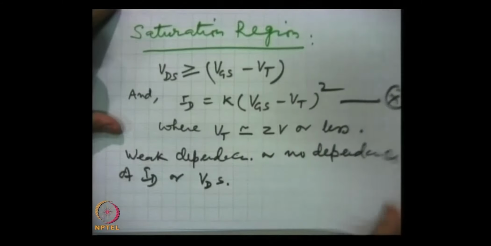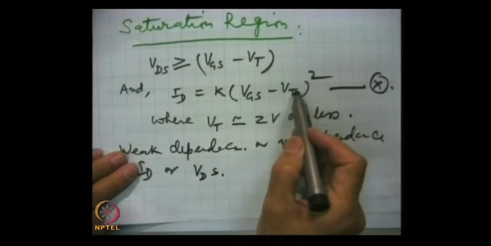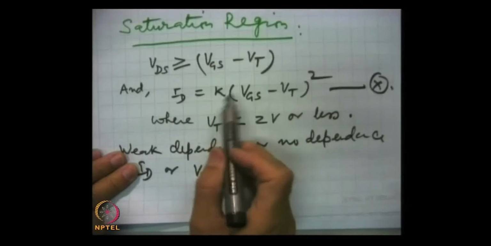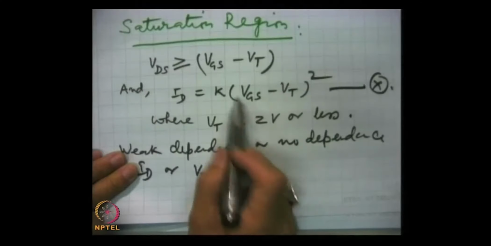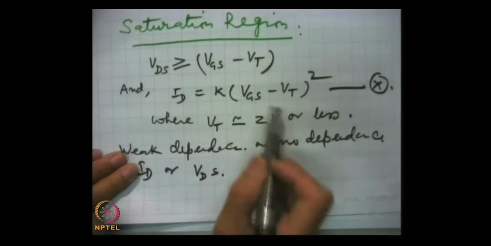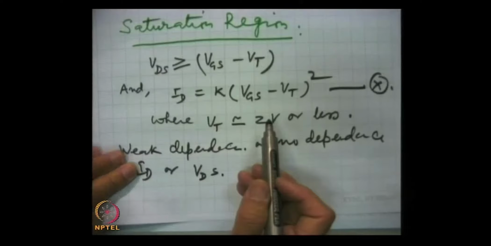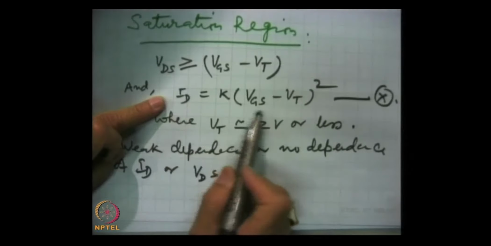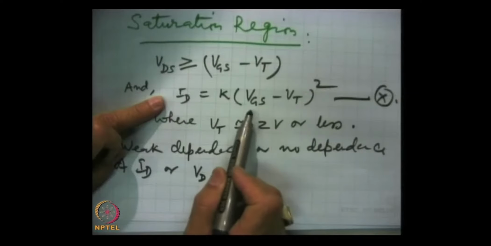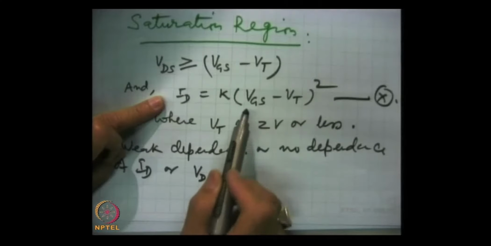This equation is very important and it gives rise to the drain characteristics and the transfer characteristics. K is a constant for a device, so ID is a function of VGS. This is the equation of a parabola, with the drain current as the output current and the gate source voltage as the input voltage.